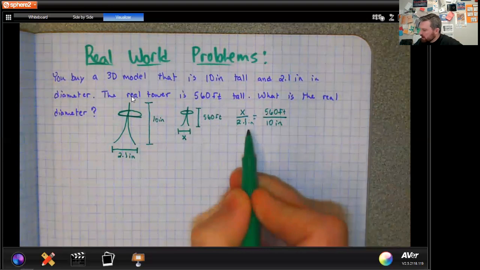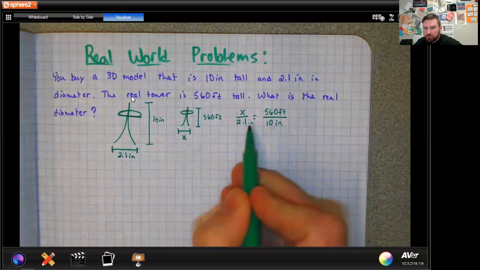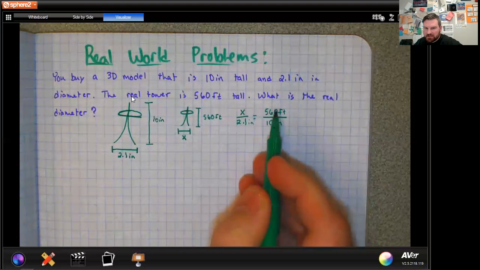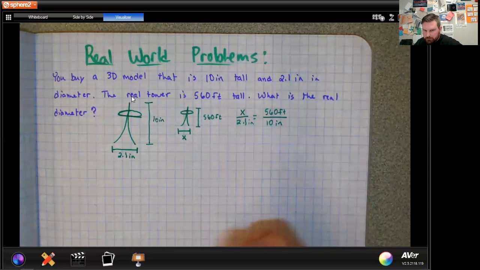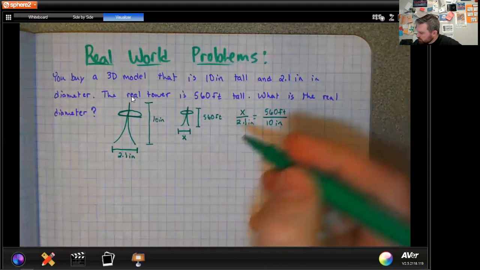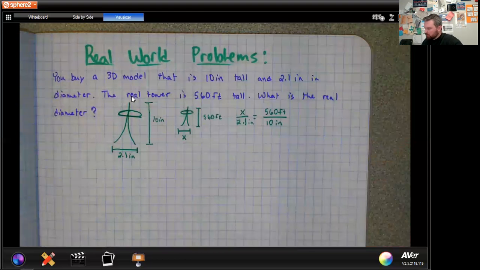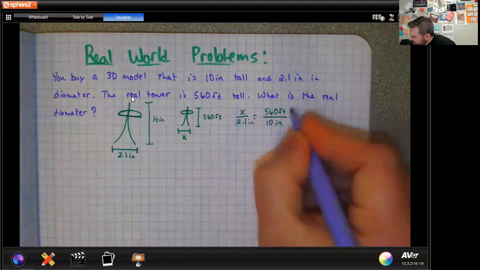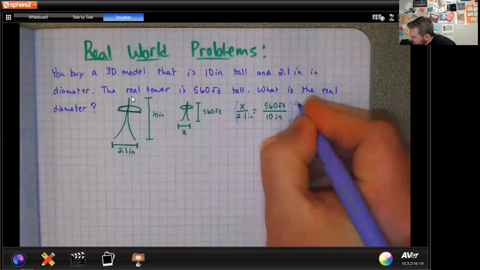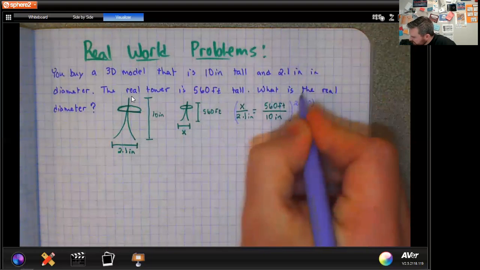Notice on the bottom I have inches on both, so on top I will have feet on both. To solve, we multiply the whole thing by our common denominator, 2.1 times 10.